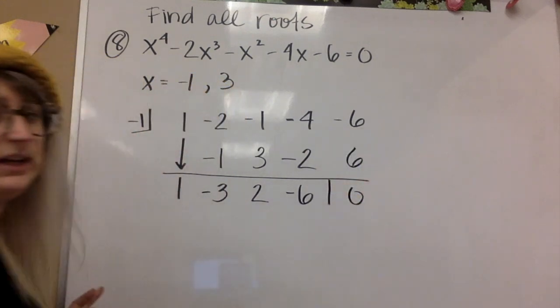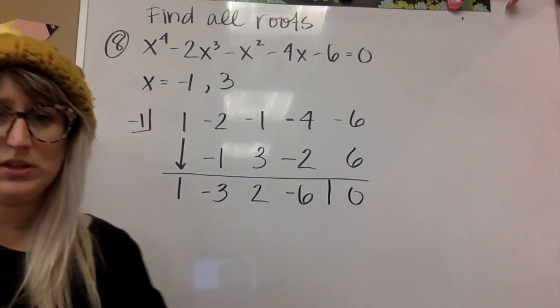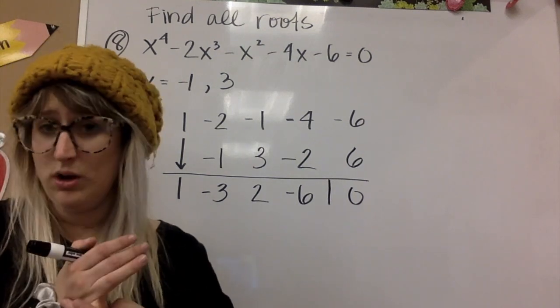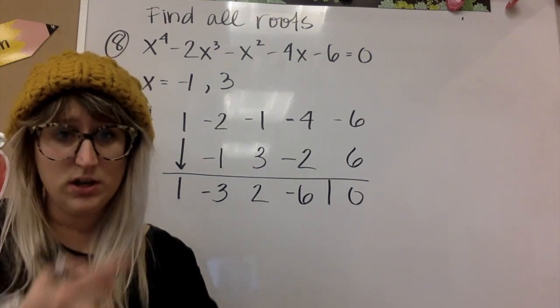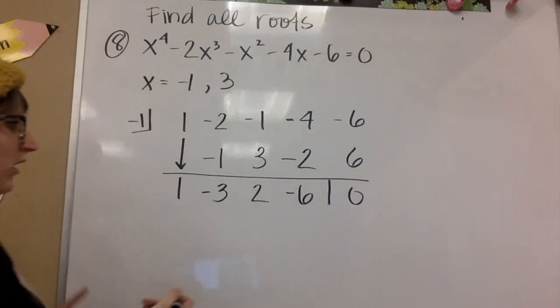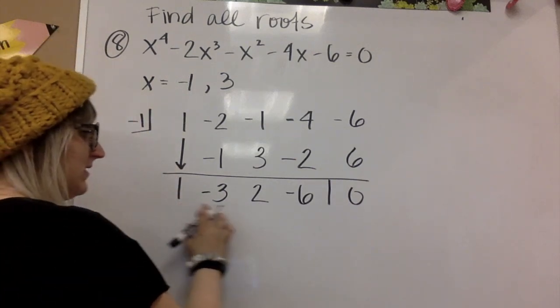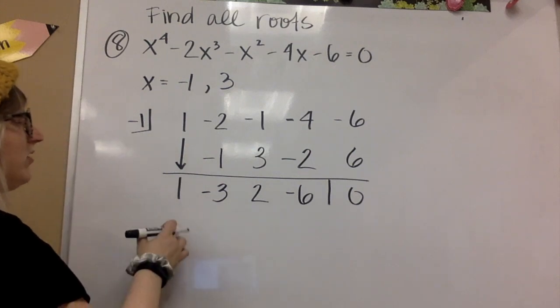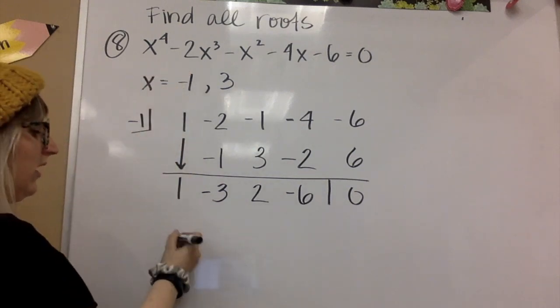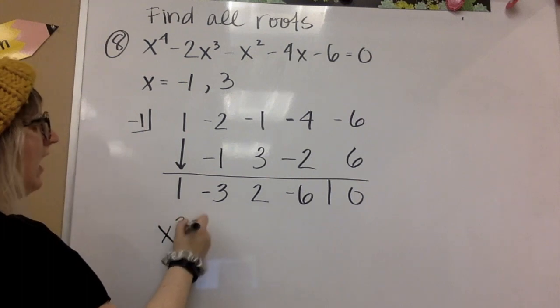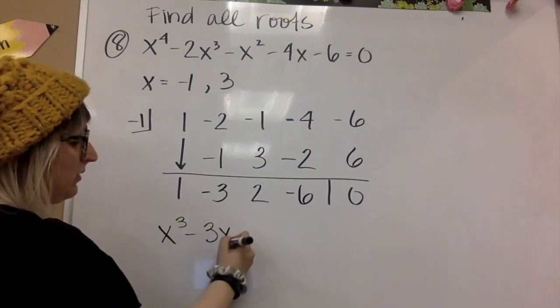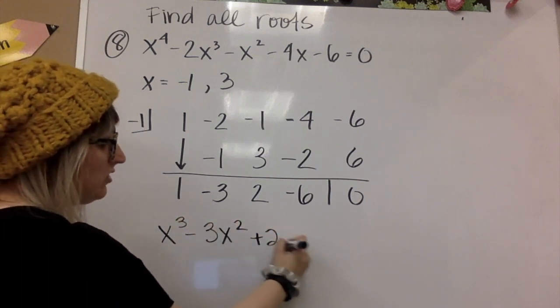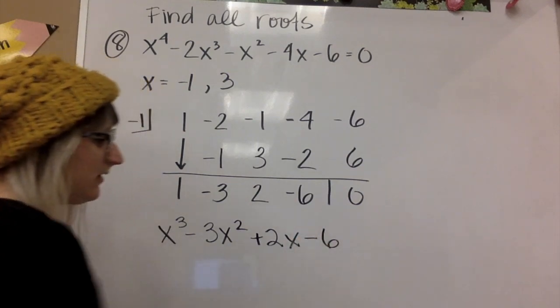Now, if you did not get 0 as your remainder, that means you either did your synthetic division wrong or that negative 1 is not a root. So now I have this number right here. So really what this means is that after dividing this by negative 1, I would have x cubed minus 3x squared plus 2x minus 6, okay?